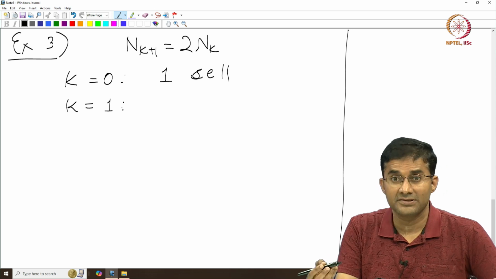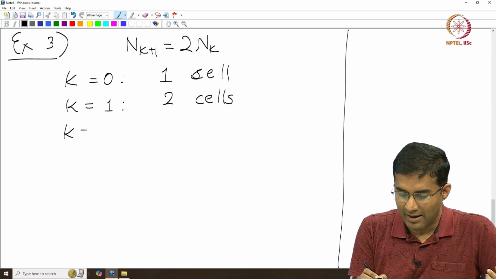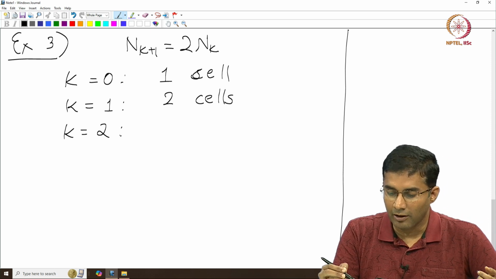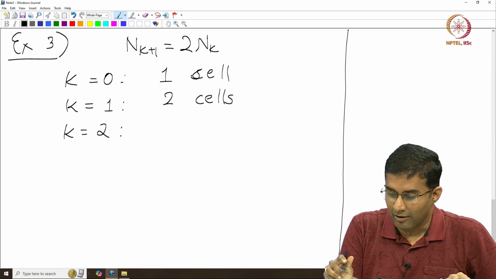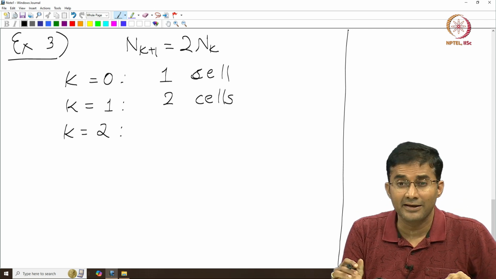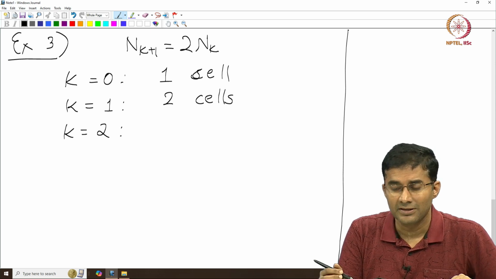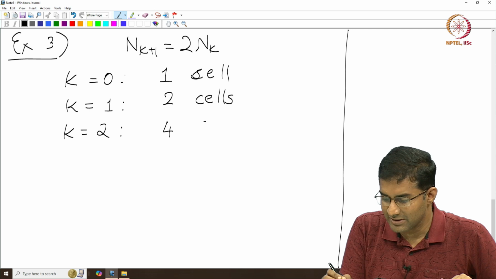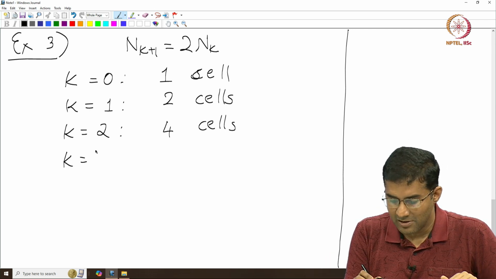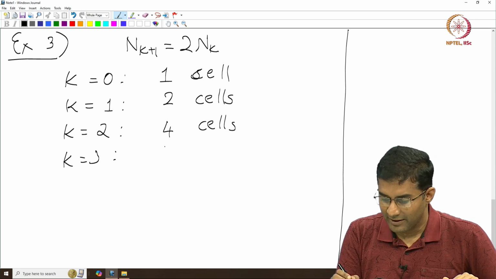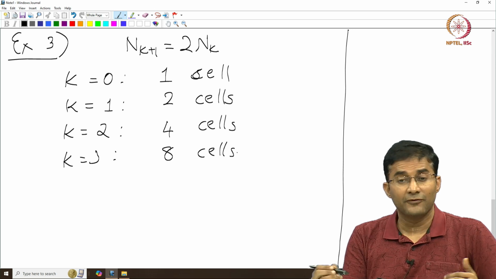So, 1 becomes 2, right, at k is equal to 1. So, now all that I have to do is, on the second column here I am writing Nk, and to get the Nk plus 1 I have to multiply the previous entry by 2. So, this becomes 4 cells. So, each of the 2 cells give rise to 2 daughter cells, therefore, it becomes 4 cells. At k is equal to 3, each of the 4 cells will give rise to 2 daughter cells, so therefore, it becomes 8.